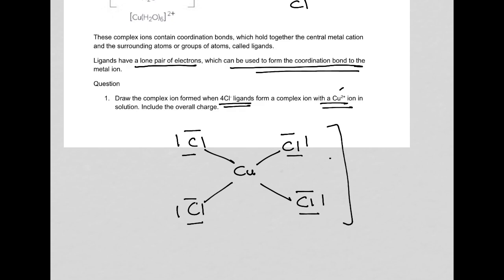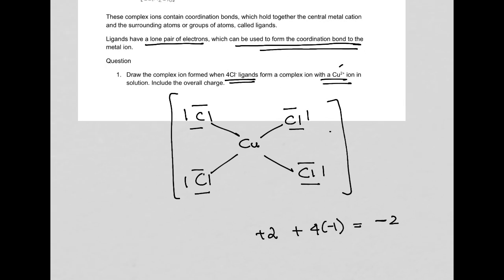So you have 4 Cl minus, 4 times minus 1, and then you have Cu2+. So plus 2 minus 4 gives me minus 2. So overall charge will be 2 minus. So this is CuCl4 2-. And this is called a complex compound, or in this case a complex ion.